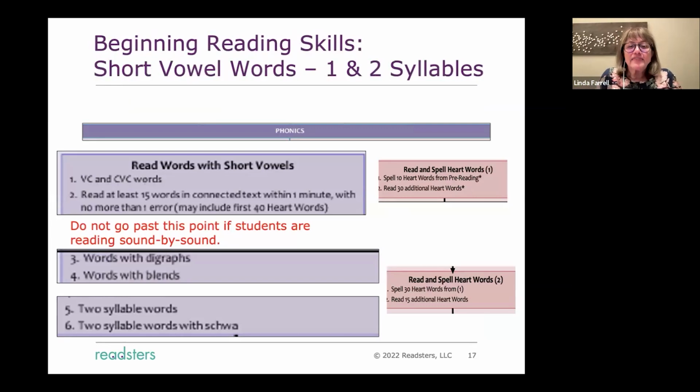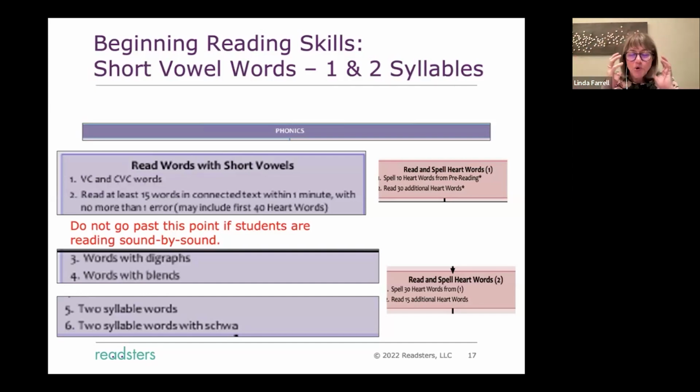The most important thing you do as a kindergarten or first grade teacher is make sure that students can read the CVC words that follow the patterns and the VC words. The reason for that is that those are regularly spelled words. That sets the tone.